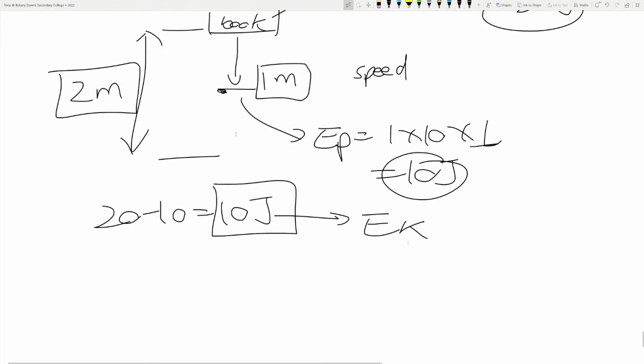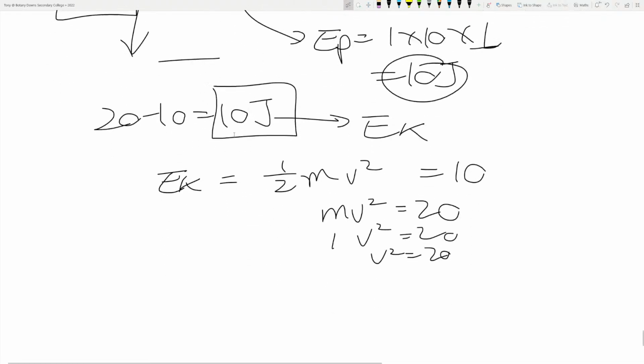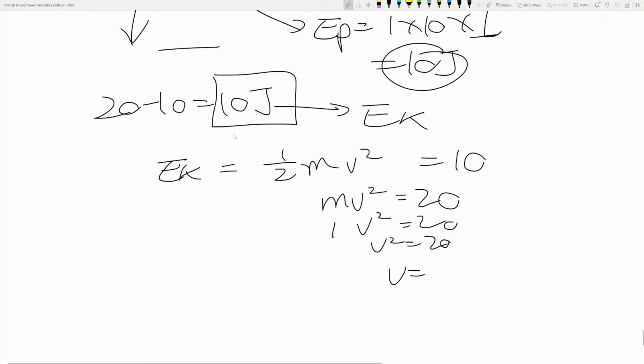So how do we calculate EK? EK equals half mv squared, which equals 10. So mv squared equals 20, and we know m is 1, so 1 times v squared equals 20. So v squared equals 20. V equals the square root of 20, which is like 4 point something. So this is your speed. Okay, run that in your calculator.